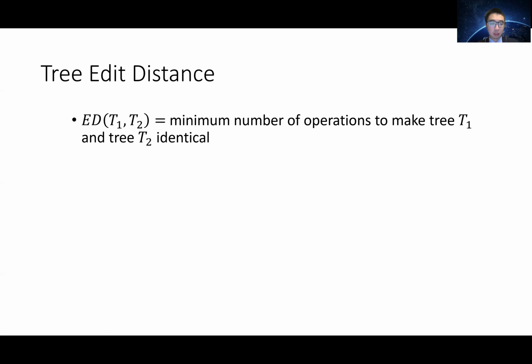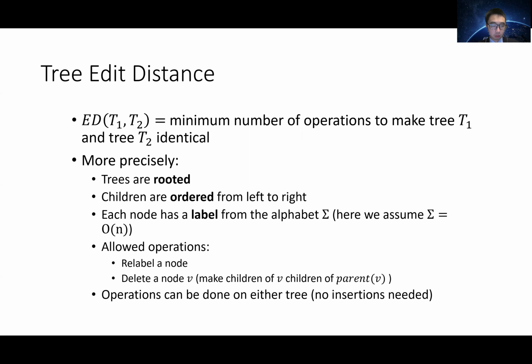For two trees, T1 and T2, the tree edit distance between T1 and T2 is defined to be the minimal number of operations needed to make T1 and T2 identical. More precisely, trees are rooted, children are ordered from left to right. Each node has a label from a certain alphabet sigma.